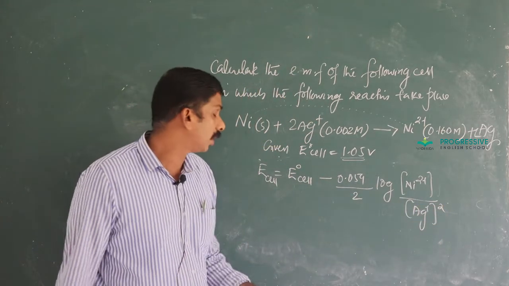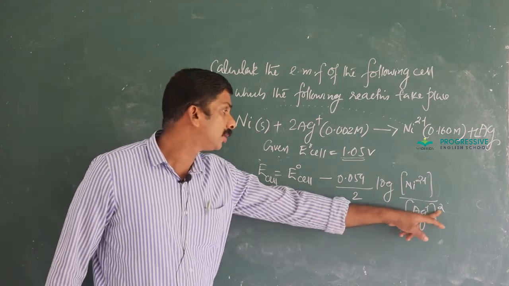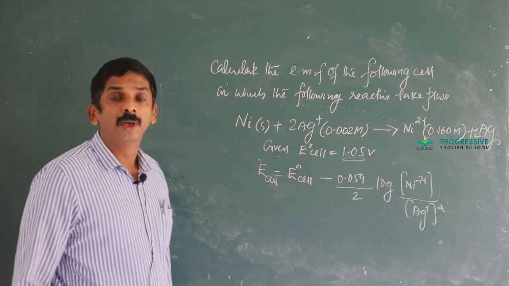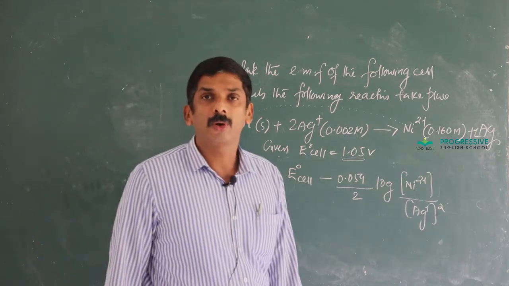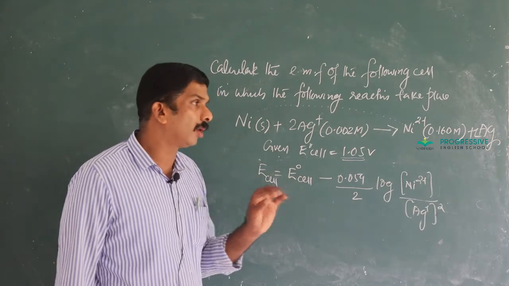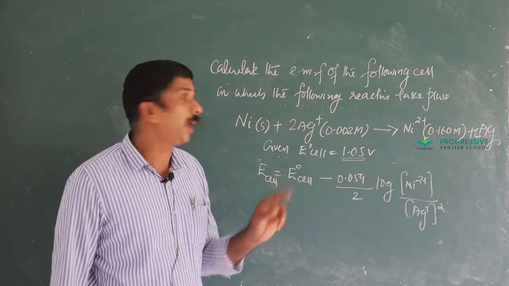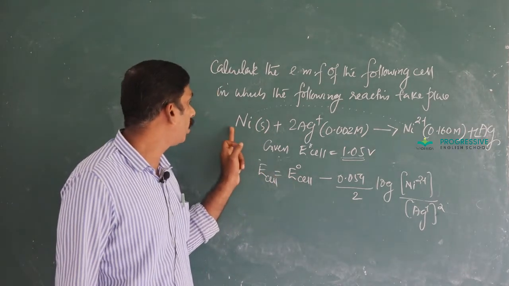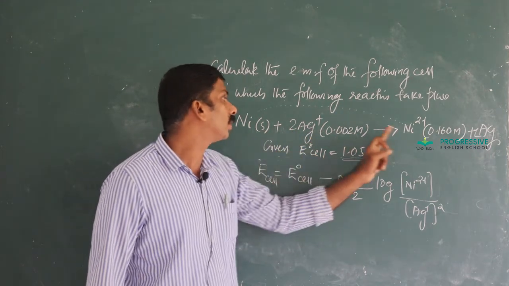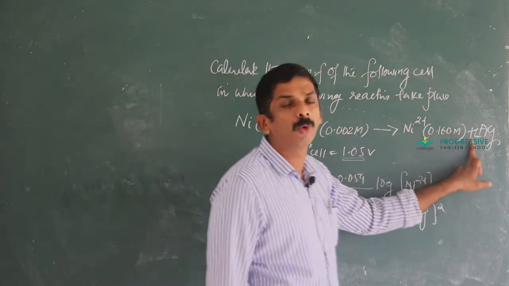Somebody may get confused about why we take the square of the molar concentration of Ag plus. In the general equation for finding E cell, we write a moles of A reacting with b moles of B. Here, 1 mole of Ni reacts with 2 moles of Ag plus to give 1 mole of Ni2 plus and 2 moles of Ag.